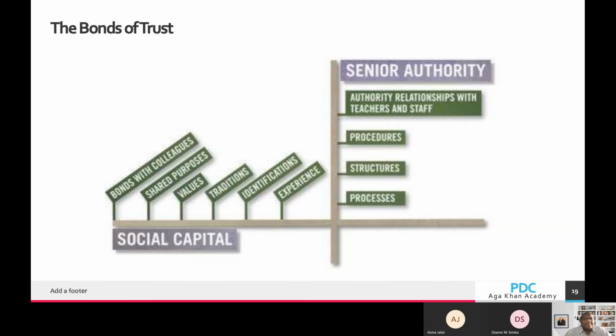Any reaction? Madam Simba, Madam Asma? You can unmute and tell us something about the trust, the vertical and the horizontal.